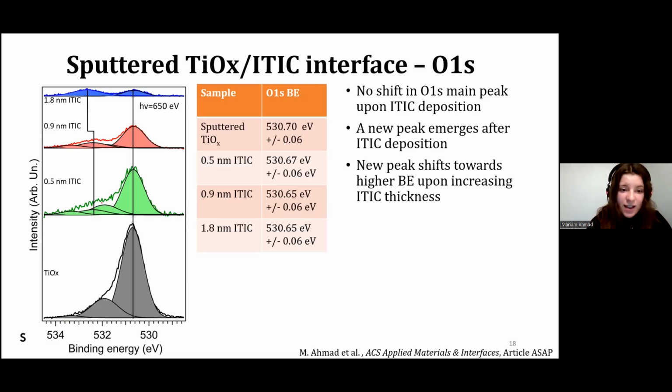After deposition of ITIC, we actually see that a new feature emerges, and this is due to the oxygen in ITIC, because ITIC does also have oxygen. And then when we increase the thickness of ITIC, this feature moves towards higher binding energies.